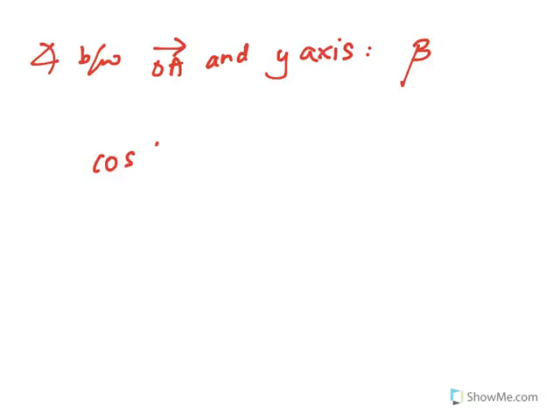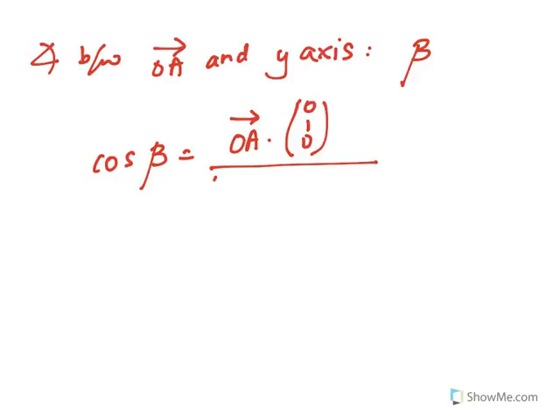Based on the formula, cosine of beta equals OA scalar product with the y-axis, which is 0, 1, 0, over the modulus of OA, which is 6 square plus 2 square plus negative 3 square, times the modulus of 0, 1, 0. By your own calculation, you should get 2 over 7.